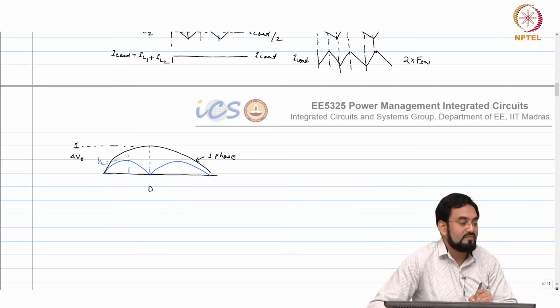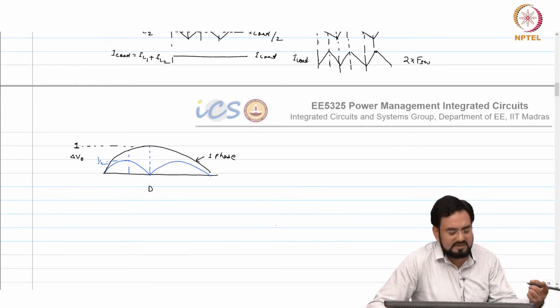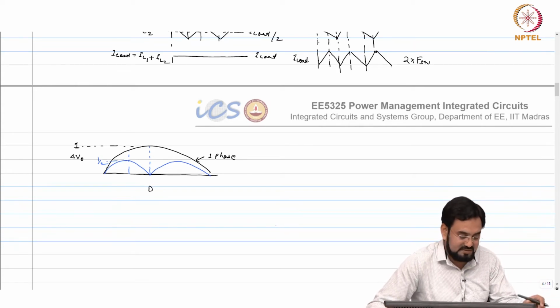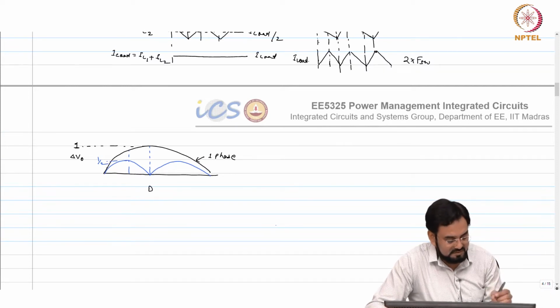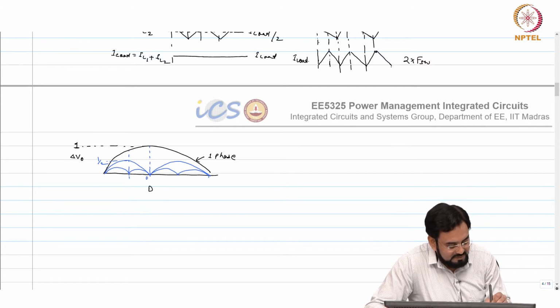Now if I add, let's say, one more phase, or let's say 2 phase, 4 phase, just keep it simple. So it will do this will be 0.5, 0.25.